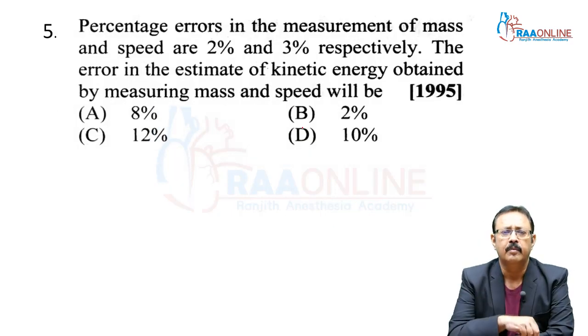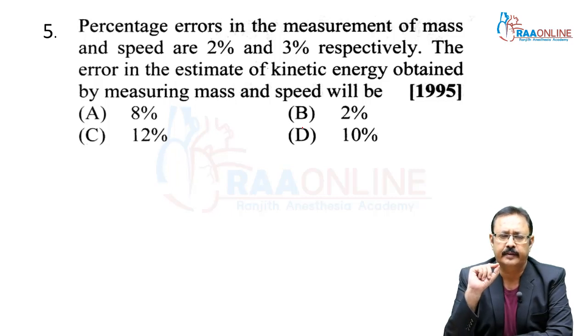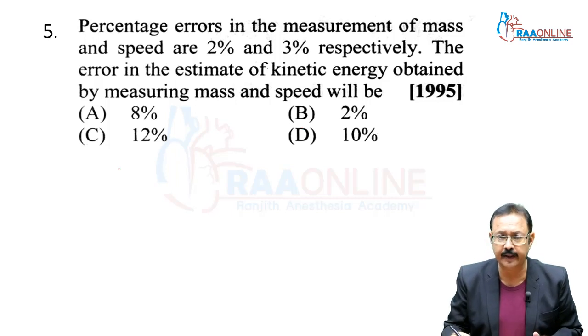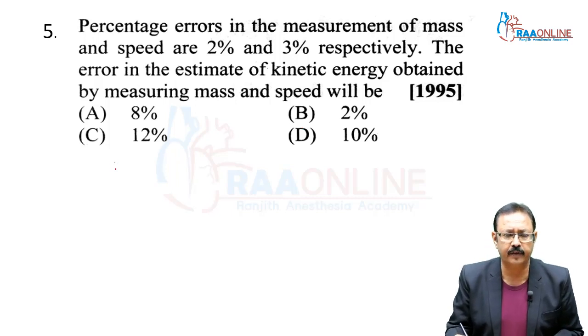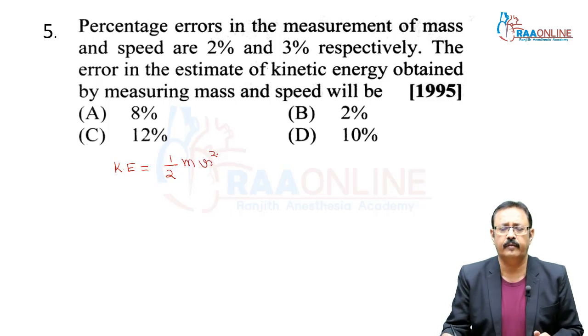Next, percentage error in the measurement of mass and speed are 2% and 3% respectively. The error in the estimate of kinetic energy obtained by measuring mass and speed. What is the formula for kinetic energy? First, we should write that half m v square.